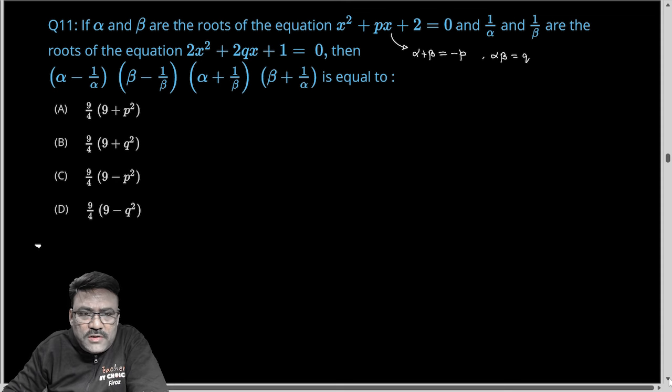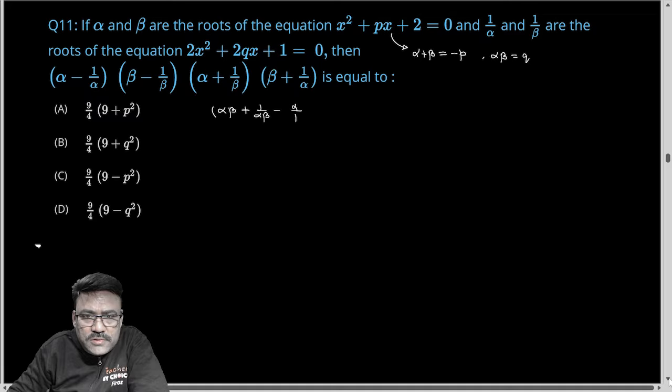This expression I can write if I multiply the first two, I will get alpha beta minus and minus plus 1 by alpha beta minus alpha by beta minus beta by alpha. Multiply the first two.